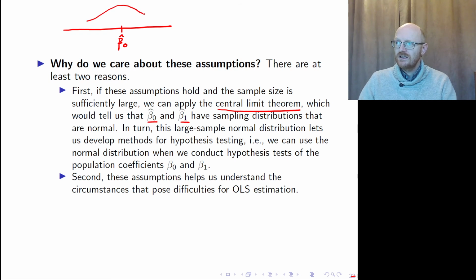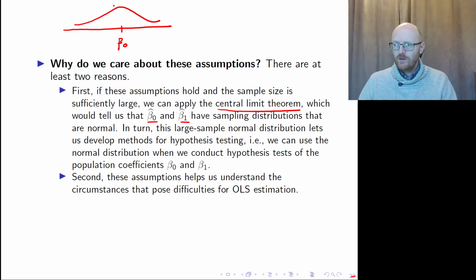They should be normally distributed, which means that even though we do not know the true value of beta naught, this is the true value, if we redo the experiment, we should get some values around this true value, and these should be normally distributed.